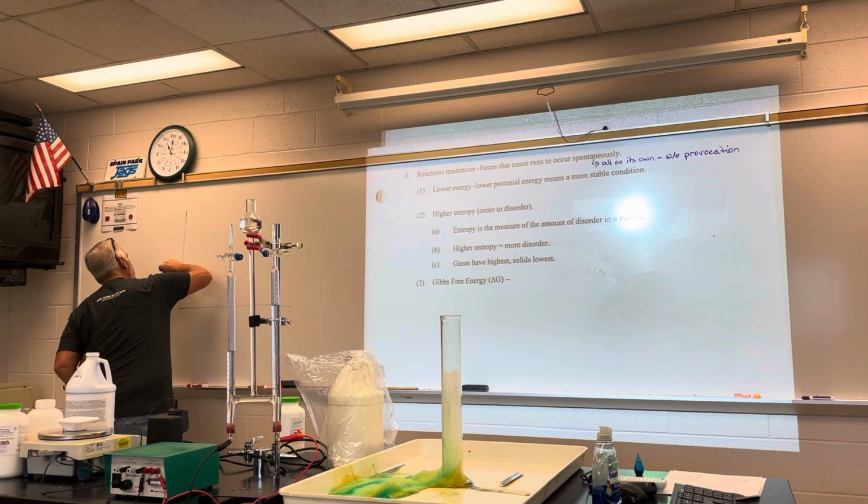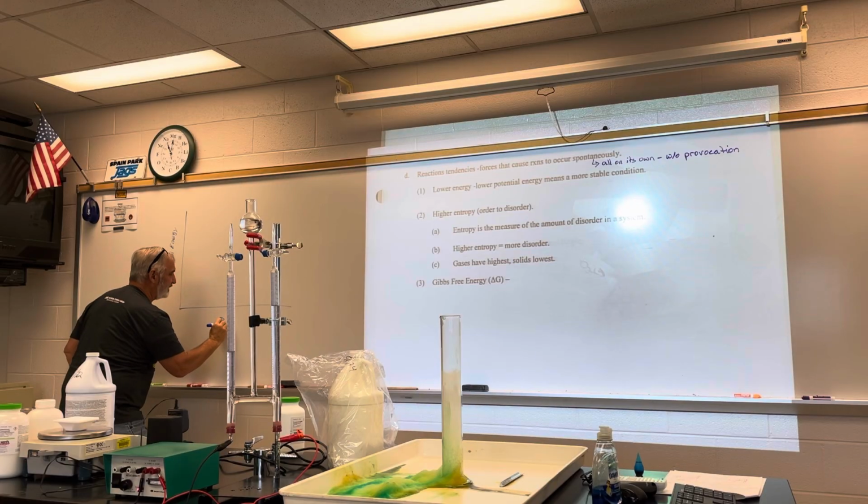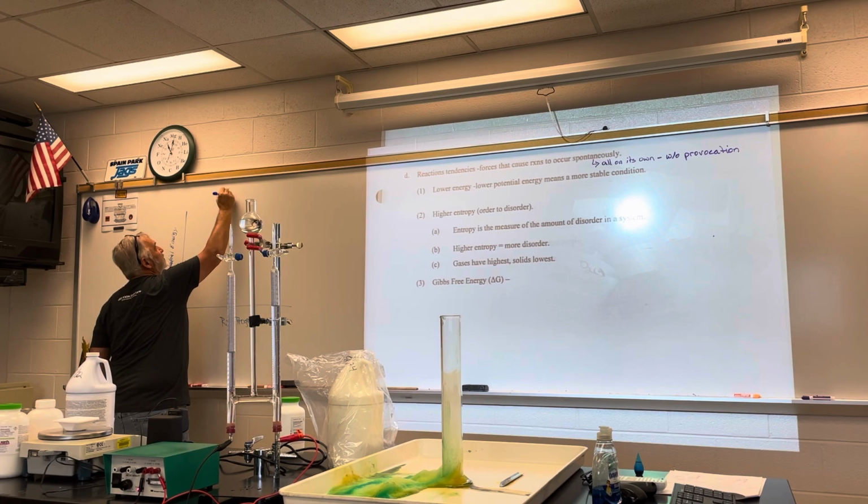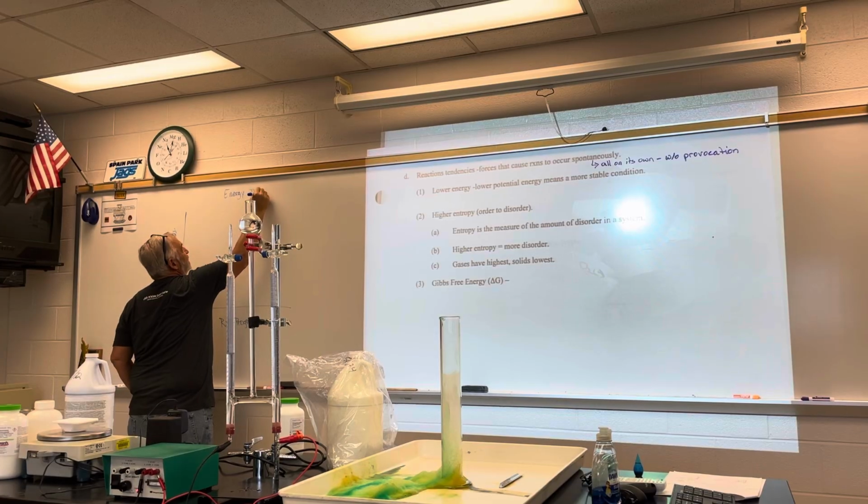Okay? Because if I look at my potential energy, and I look at my reaction progress, okay? This is going to be called an energy diagram. You guys do need to write this down.